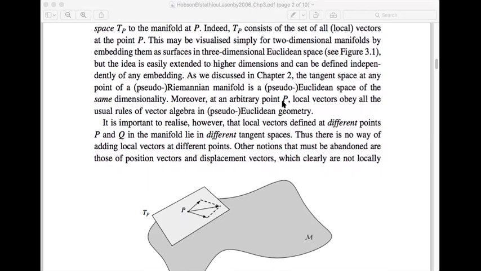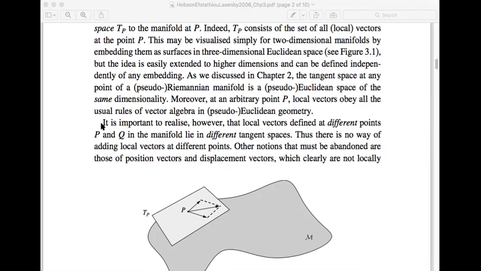Moreover, at an arbitrary point P, this point P was obviously chosen arbitrarily, local vectors obey all the usual rules of vector algebra in the pseudo-Euclidean geometry. So once we're talking about vectors in this plane, defined only at that point P, we're in familiar territory, and you can comfortably use your rules of vector calculus. But you have to remember that those vectors only are defined at the point P.